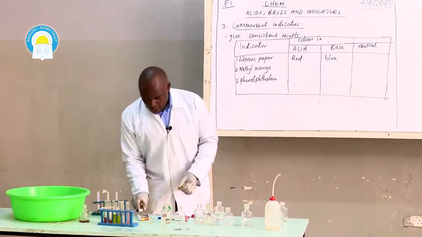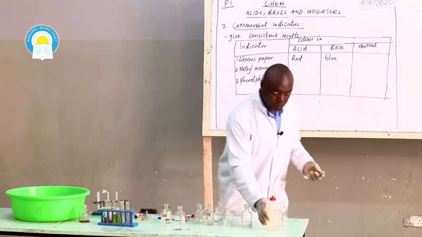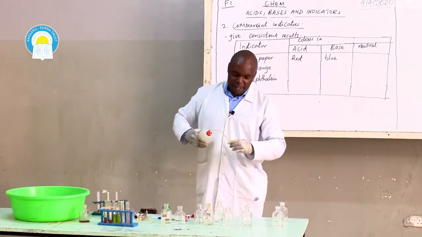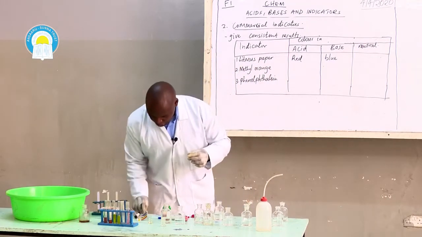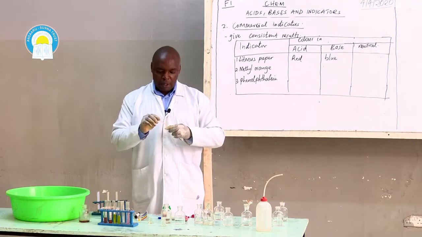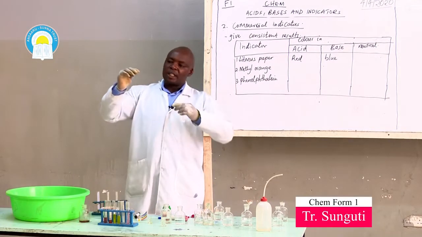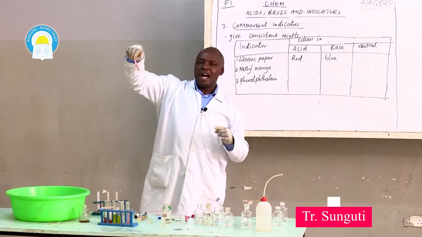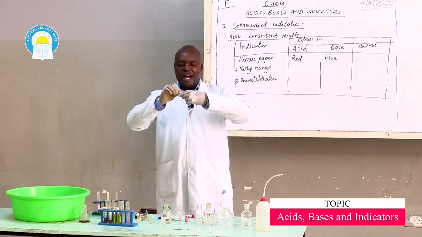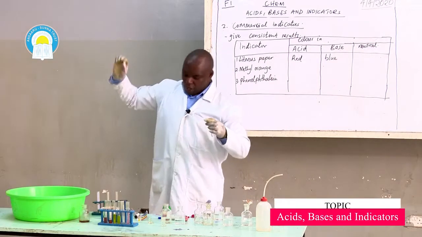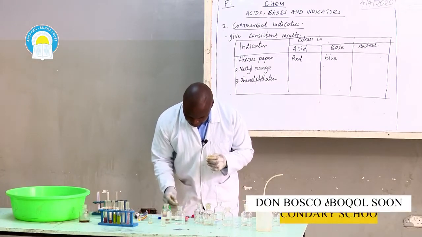Let's see in a neutral substance like distilled water. I'm going to use both red and blue. So you can see here, in distilled water, the red litmus paper remains red. Let's see whether blue litmus paper is going to turn red.